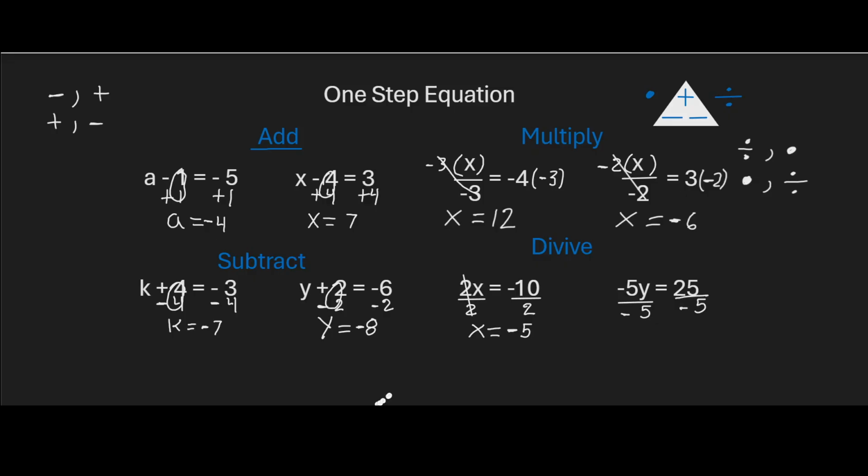Now, you have to divide the two signs and then the two numbers. Negative divided by a negative. Whenever you divide, you're going to cover the two signs that you have in that division, and the answer is going to be positive. Then divide the two numbers. 5 divided by 5 is going to be 1. 1 times y, you're going to get y equals.